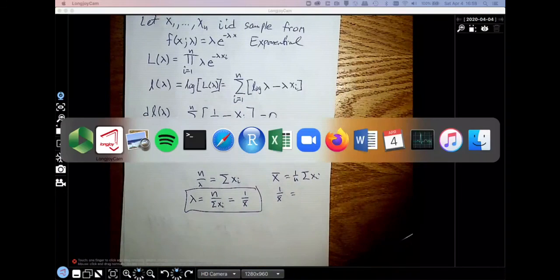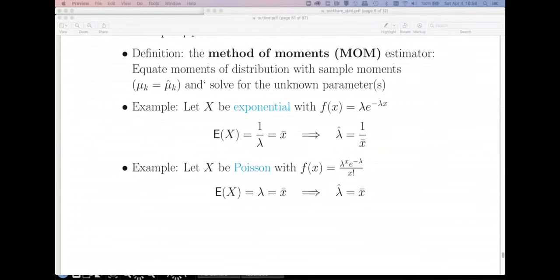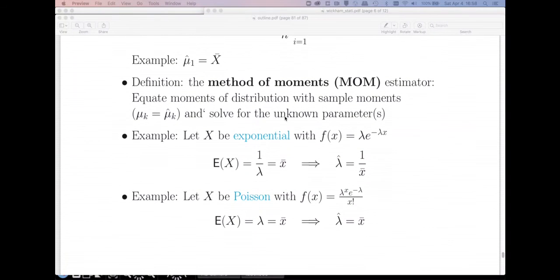And if we go back to my course packet for a second, earlier we did the method of moments estimator and found exactly the same quantity. Let me mention a couple things. Number one, the method of moments estimator does not always equal the maximum likelihood estimator.